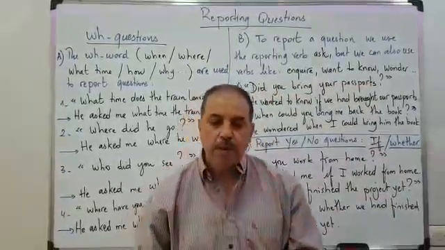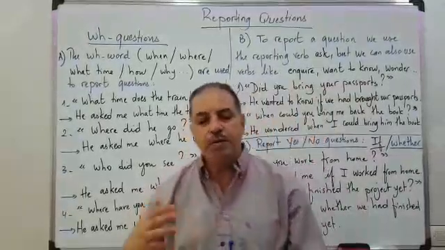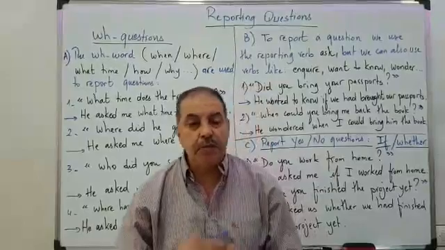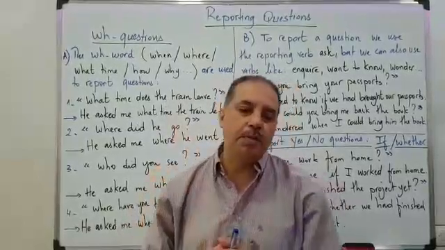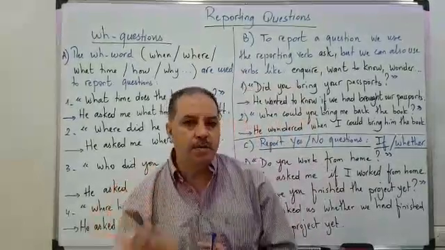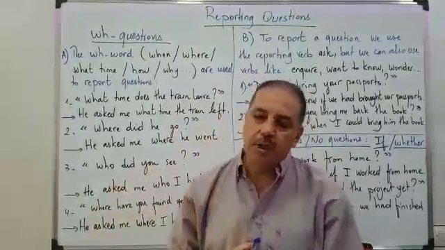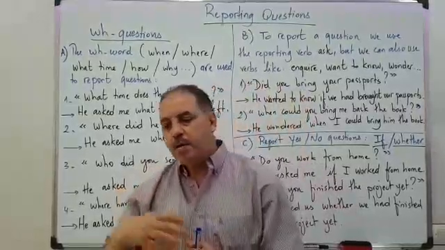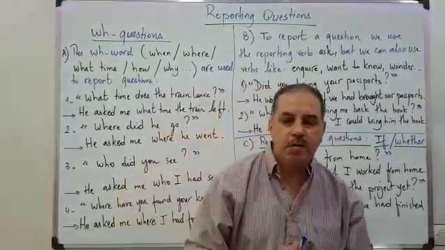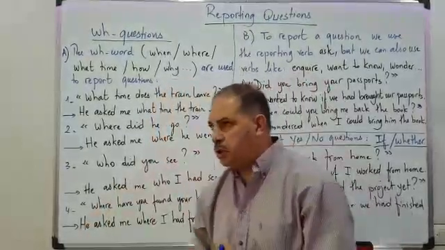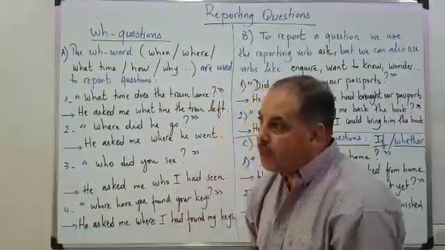And please, when dealing with reported speech, we have to remember all the changes that we need when moving from direct to indirect speech. I'm talking about the tense changes, which is very important. For example, simple present becomes simple past, present continuous becomes past continuous, simple past becomes past perfect, and so on. So we should not forget these changes.